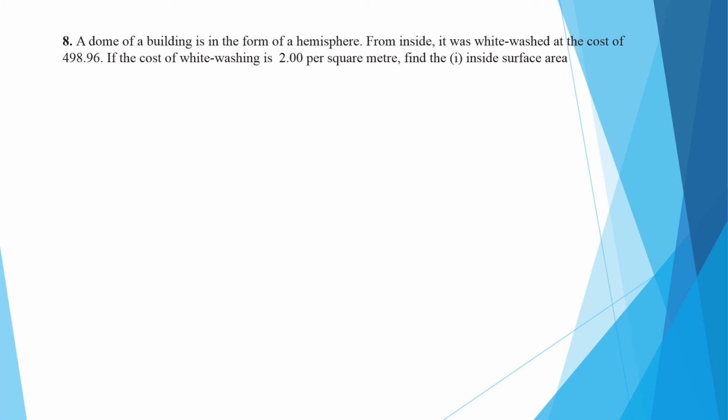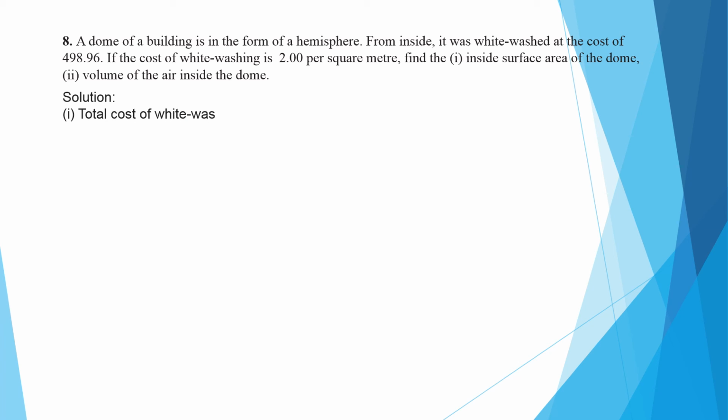So find inner surface area, first part, and after that we need to find the volume also of the air inside the dome. The volume of air inside the dome, that is volume of what? Hemisphere. So let's begin the solution. First of all, we'll find surface area.